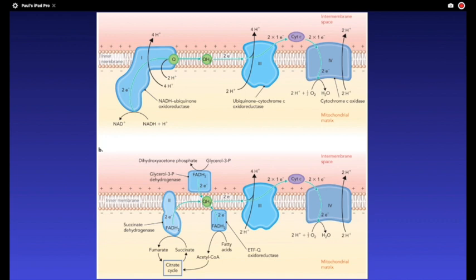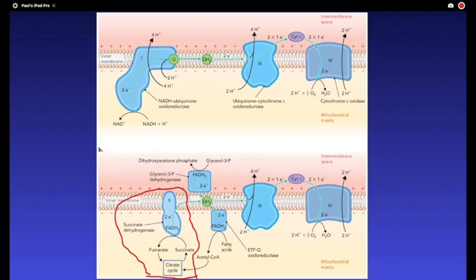Down in the FAD realm, it's a little bit more complex because there are all sorts of places from which the FAD can come. We call this complex 2 here. But after further study, what we find about complex 2 is that it is the same enzyme of the citric acid cycle that converts succinate to fumarate.